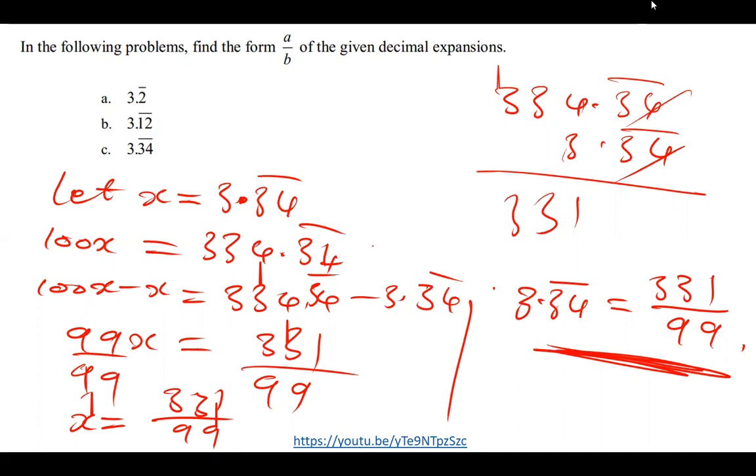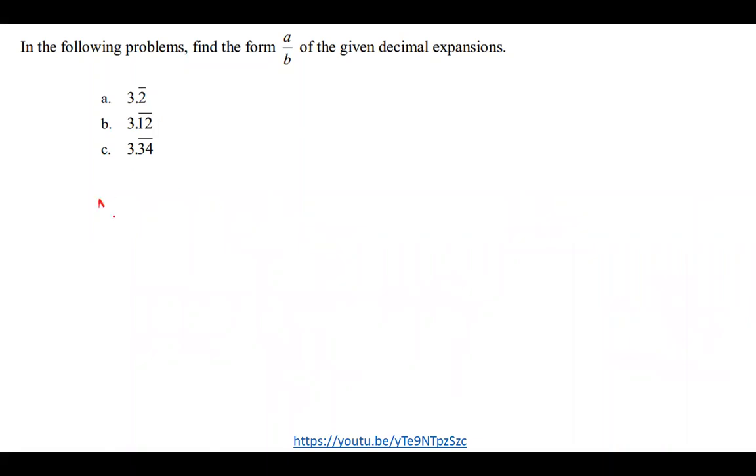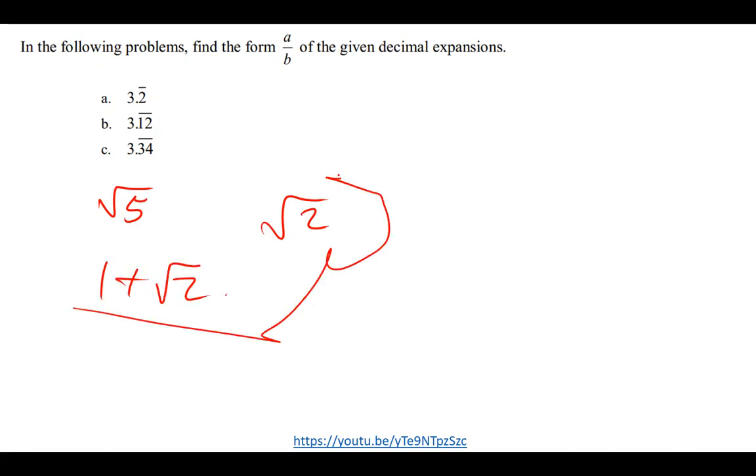I wanted us to do irrational numbers, proving for instance that the root of 2 is an irrational number, or that 1 plus the root of 2 is an irrational number. This is what I wanted us to do in the next lecture.